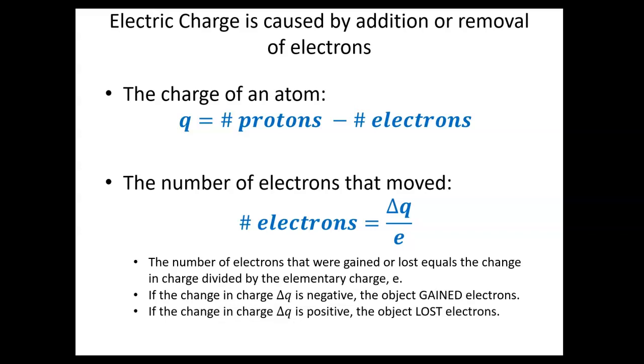If delta Q is negative, that means the charge of the object became more negative, so that object had to have gained electrons. If the change in the charge is positive, then the object must have lost that number of electrons. Remember, in physics, the change of any quantity equals the final minus the initial. So delta Q would be the final charge minus the initial charge.